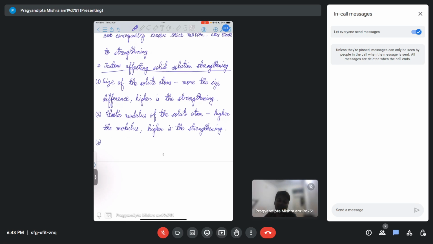And third, solute concentration. An increase in solute concentration, of course, will increase the strengthening effect. We have already seen how solute concentration variation will change the strength.